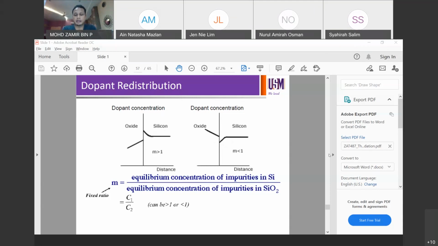We have learned that when we run the oxidation process, it involves consumption of the silicon wafer from the surface. As the process progresses, more and more silicon is consumed, so the oxide penetrates into the silicon as the process goes on.